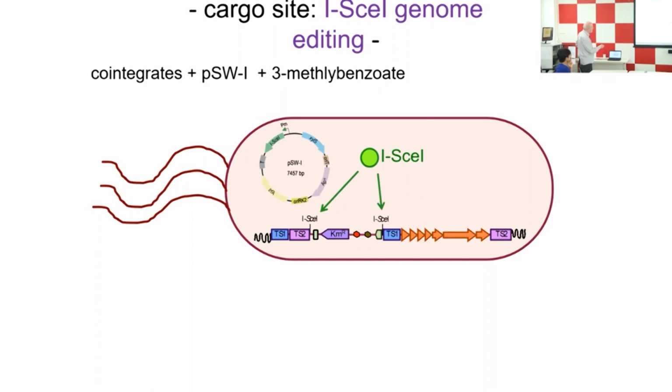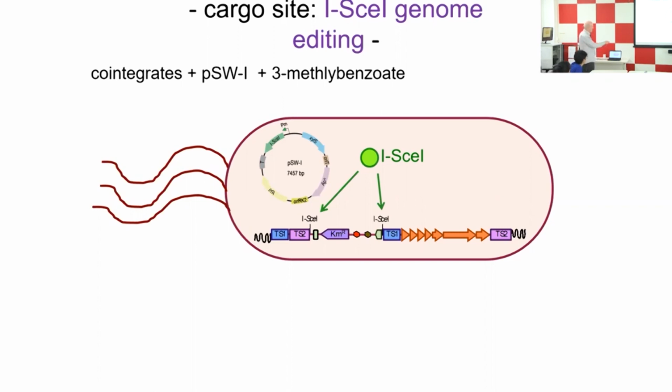And then if you induce this plasmid with the SCEI, the enzyme will cleave the cointegrate either here or here, but at the same time that it cleaves the sites, it will kill the chromosome as well, okay?